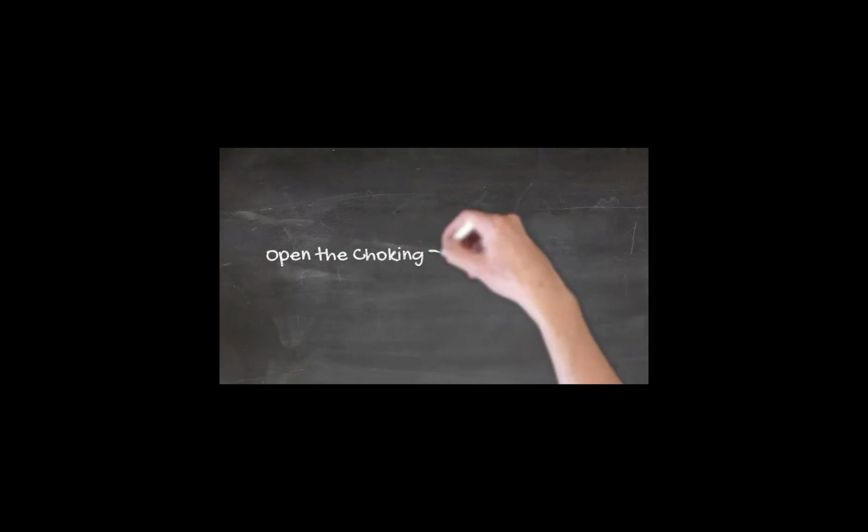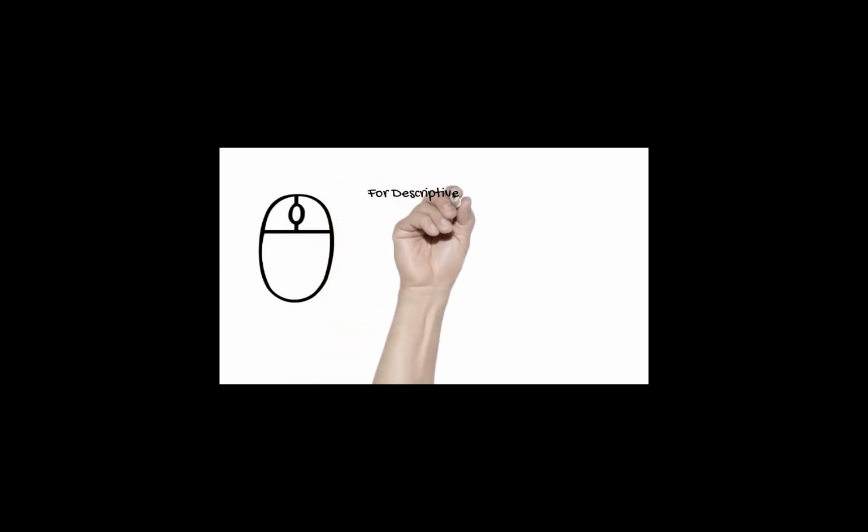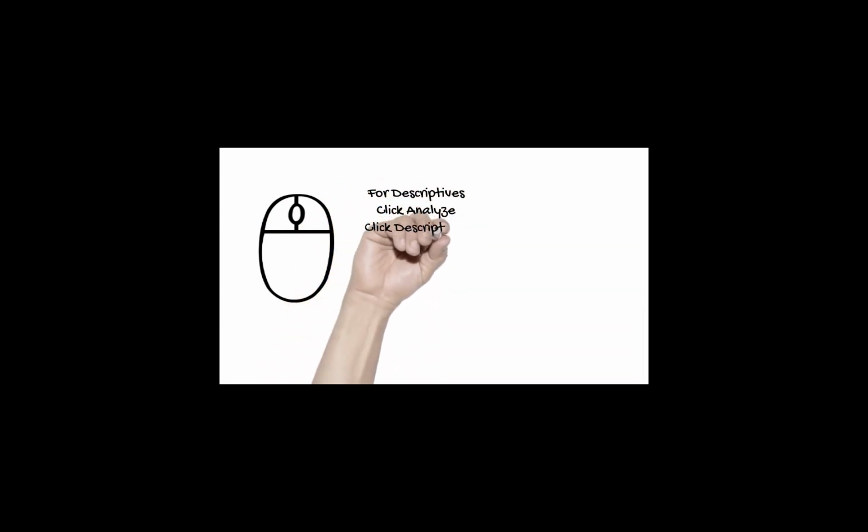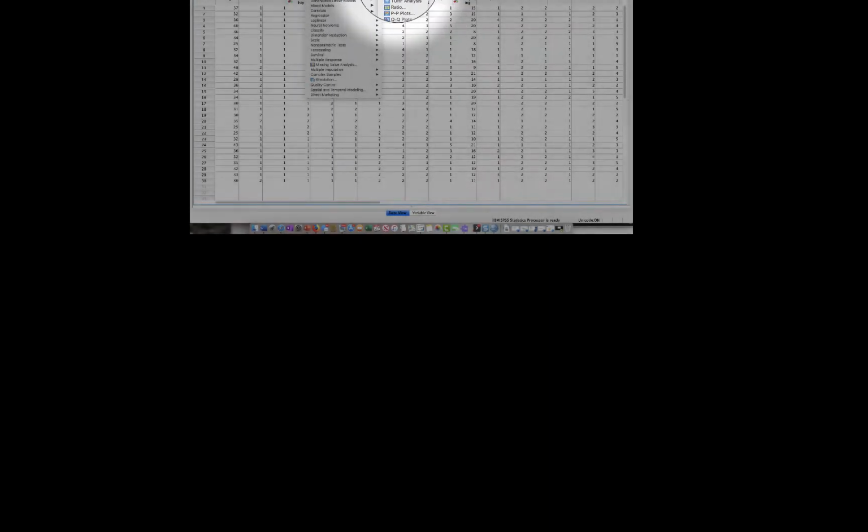98% of the stuff you're going to do, you're going to go to analyze. Okay, and for this one, you're going to go to descriptive statistics, and then you're going to go to descriptives, and you're going to click this.